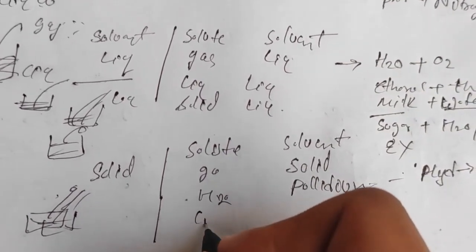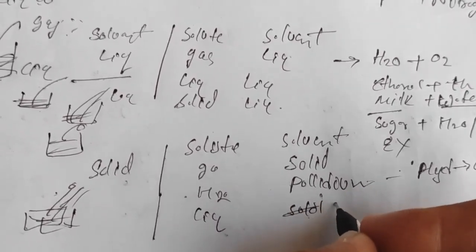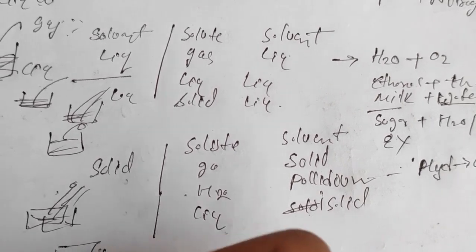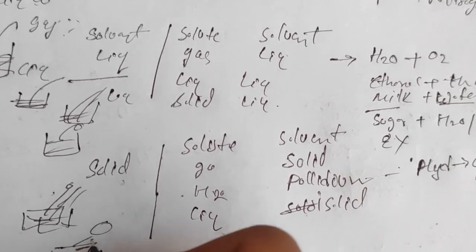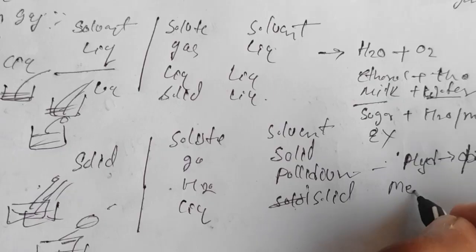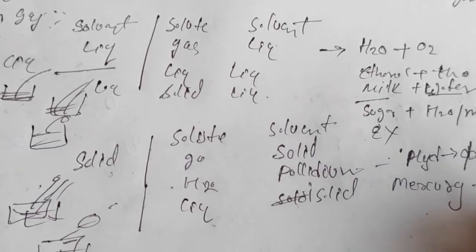Again, liquid is our solute and the solvent is solid. For this we use mercury amalgam plus sodium.